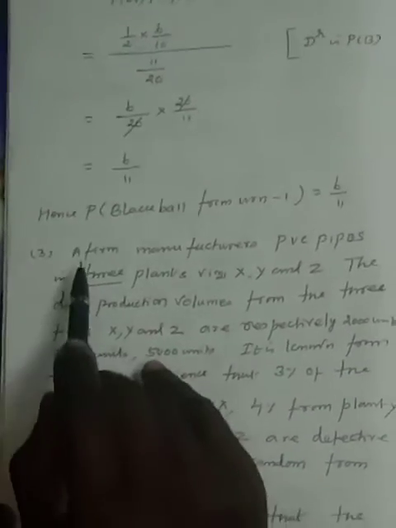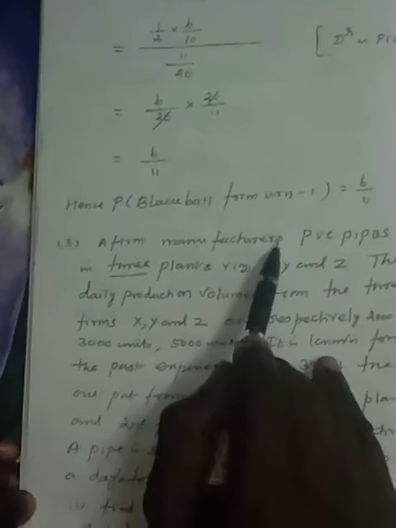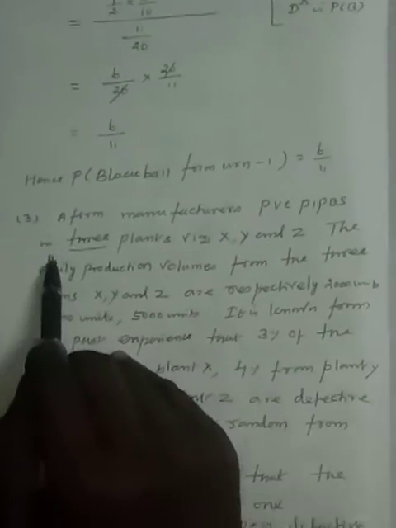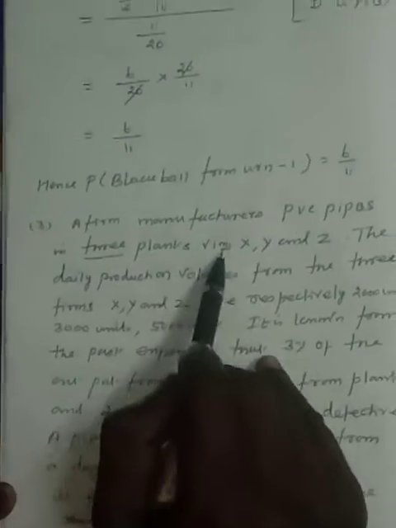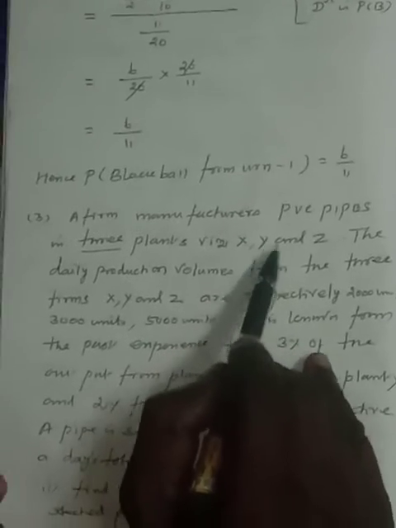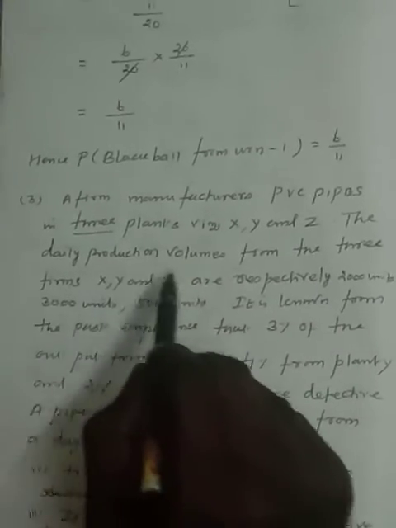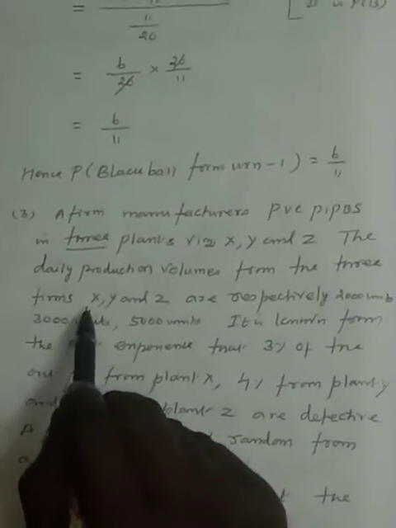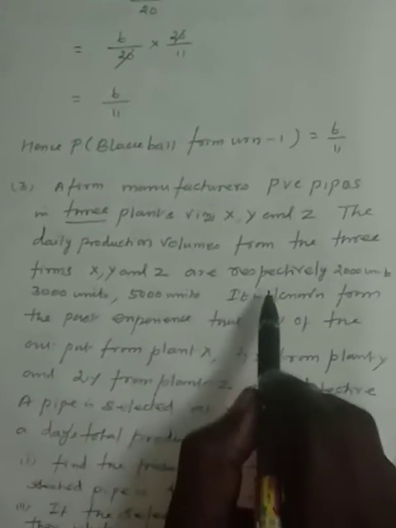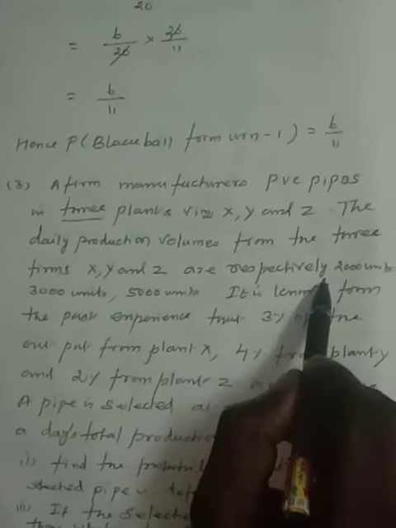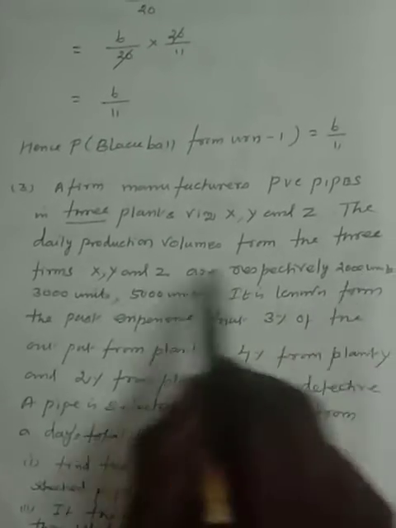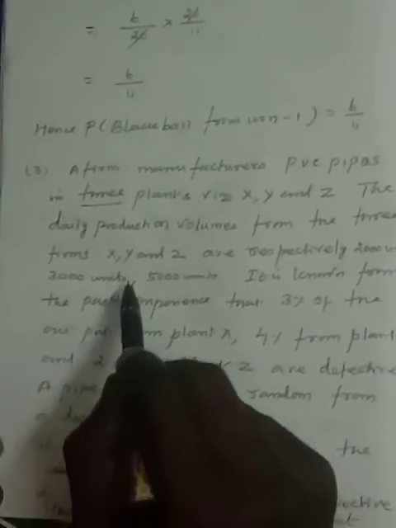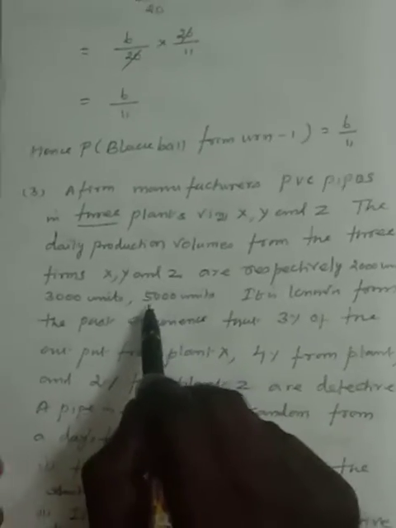Question number 3. A firm manufactures PVC pipes in 3 plants, X, Y and Z. The daily production volumes from the 3 plants X, Y, Z are respectively 2000 units, 3000 units and 5000 units.